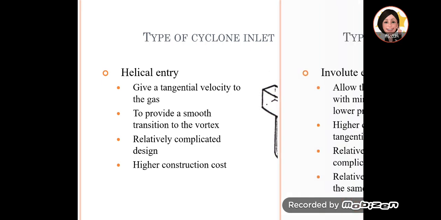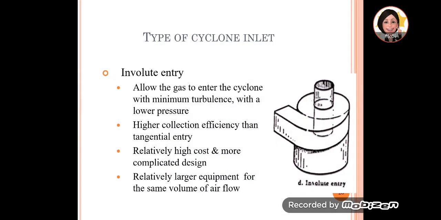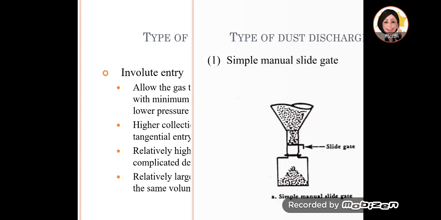So that's helical entry. And then we have involute entry. It goes in a semicircle and then directs the flow. In the tangential entry, it goes in and directly gets into the cylinder, but this one is involute entry, so it's directed to a certain point before it circulates down.